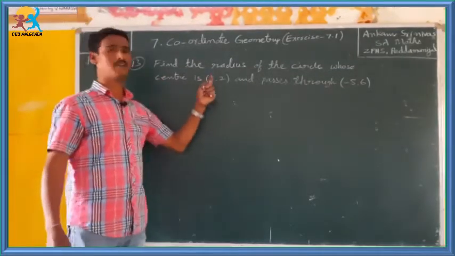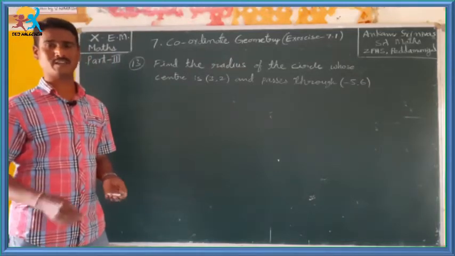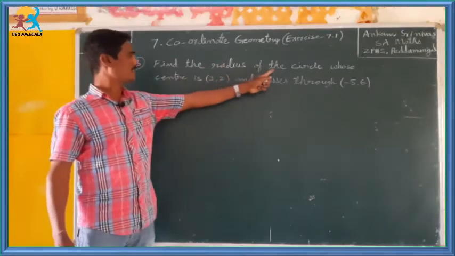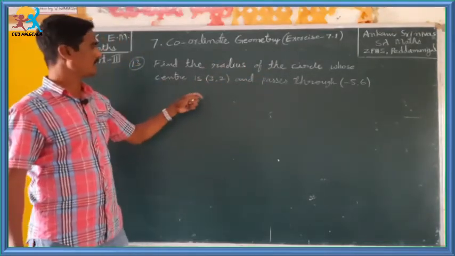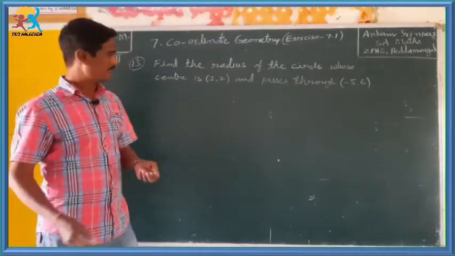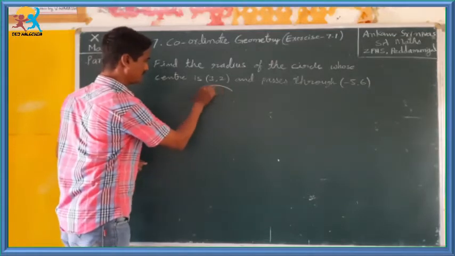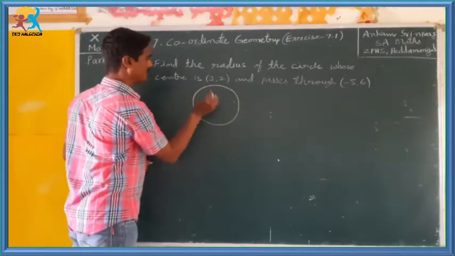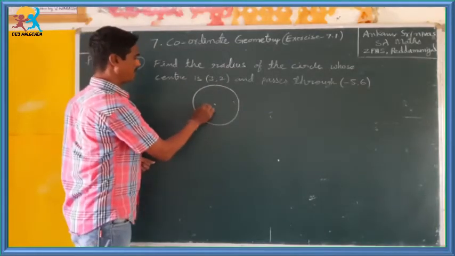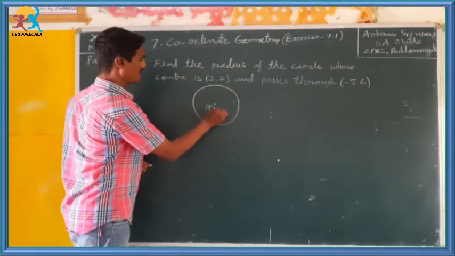Now another type of problem depends on the distance formula, square root of x2 minus x1 whole square plus y2 minus y1 whole square. What is given? Find the radius of the circle whose center is 3 comma 2 and passes through minus 5 comma 6. Now take a circle, and this is the center of the circle, let us suppose P, given as 3 comma 2.